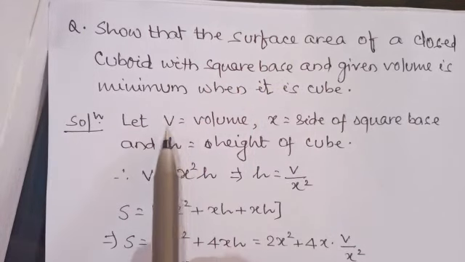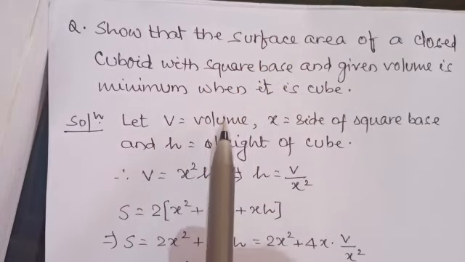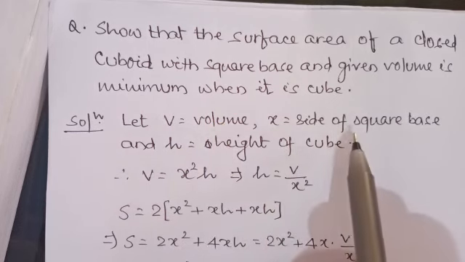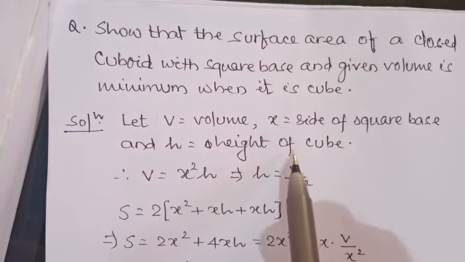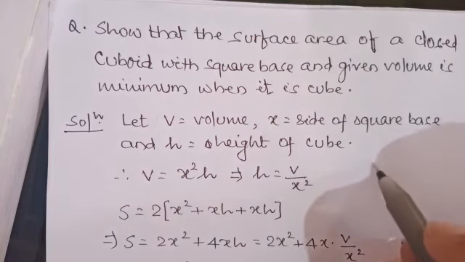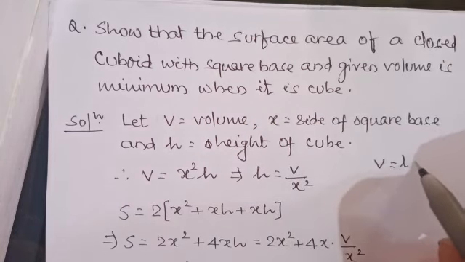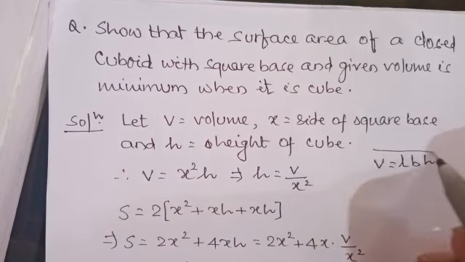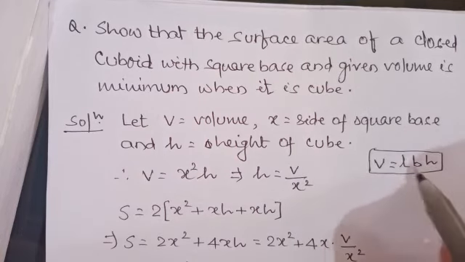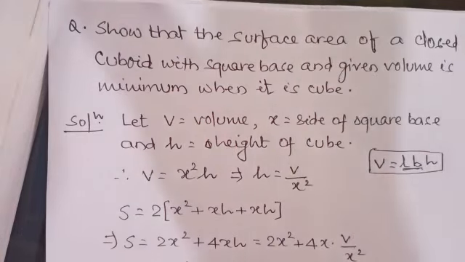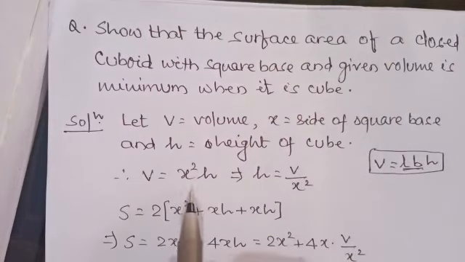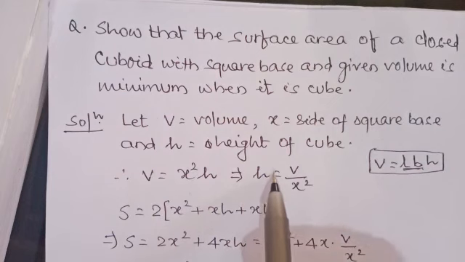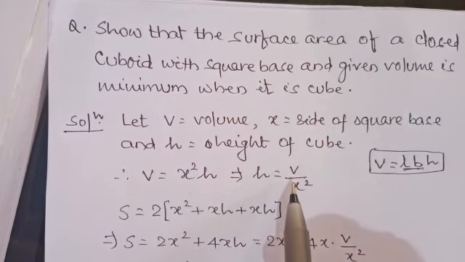So first of all, suppose V is the volume, x is the side of the square base and h is the height. Since volume equals length into breadth into height, and the base is a square, it is x into x into h, that is x square h, and here h is equal to v upon x square.